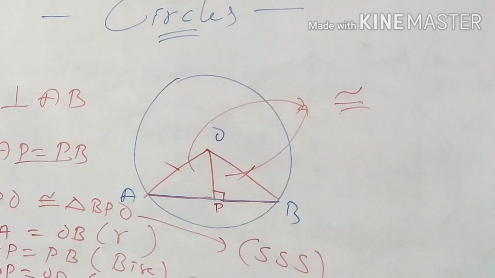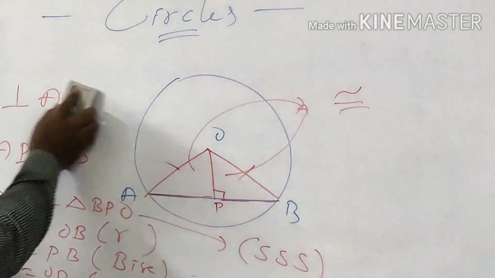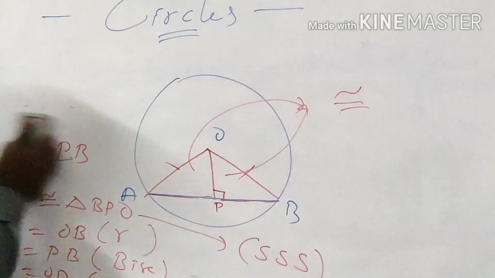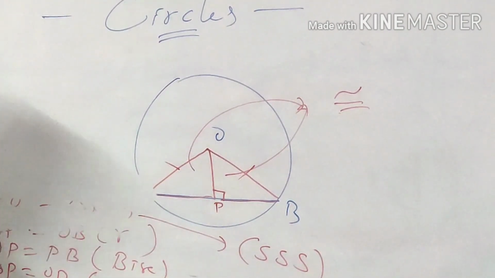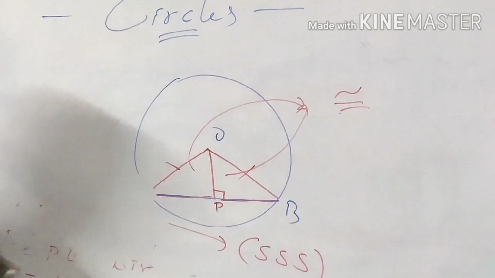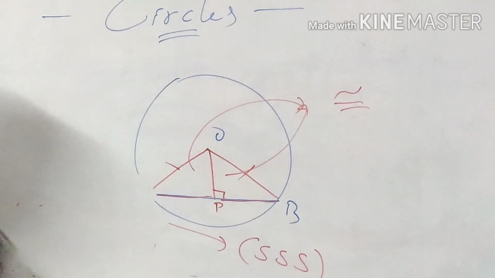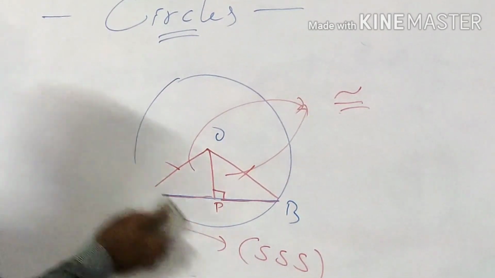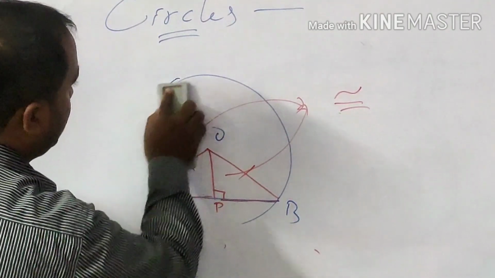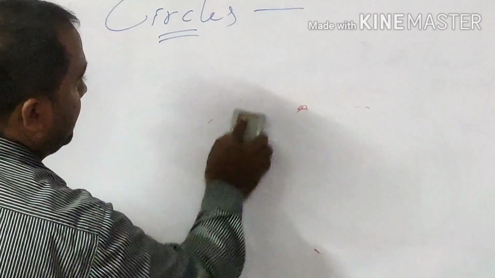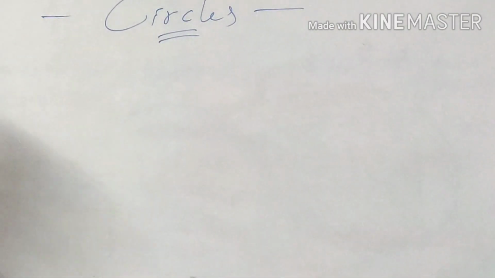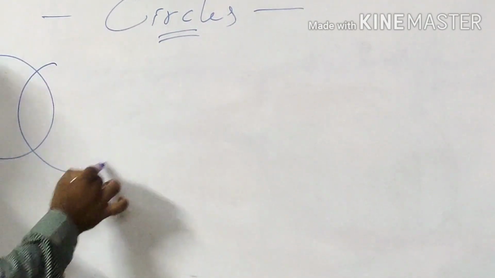Then we have different circles in the same plane with some similarities, congruencies or other properties. I'll just draw a few shapes here. Case 1: two circles intersecting at 2 points.